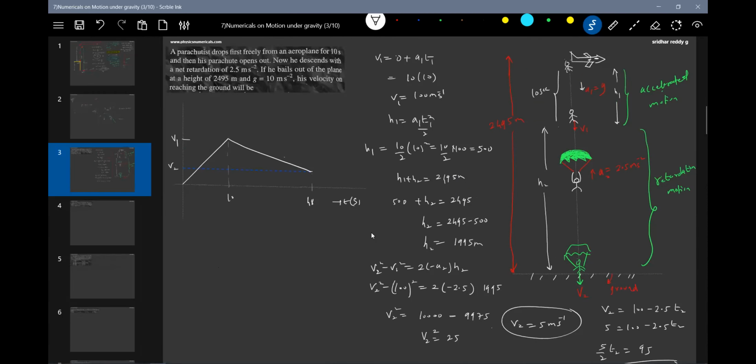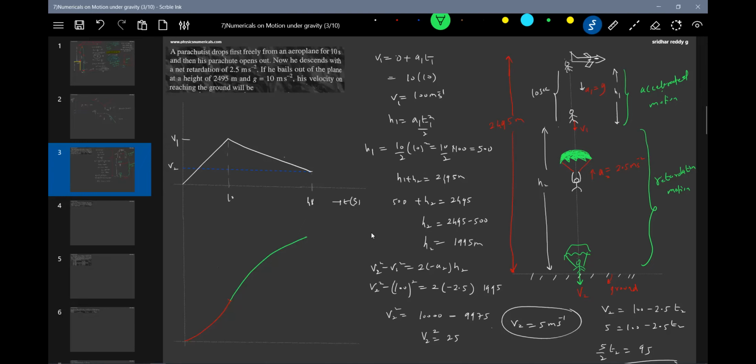See this, the problem is a very beautiful problem. Okay, that's about the VT graph. What about the position versus time graph? First it'll accelerate. Then you will undergo retardation.